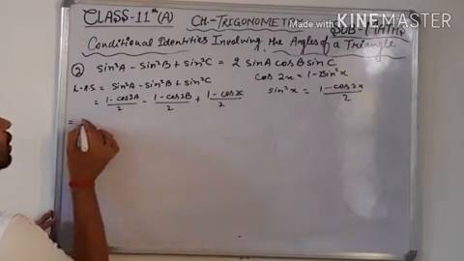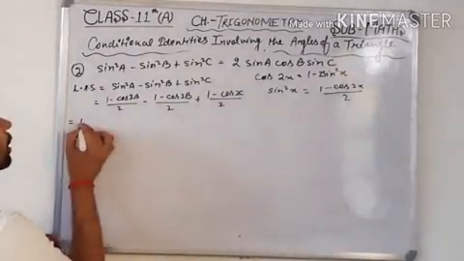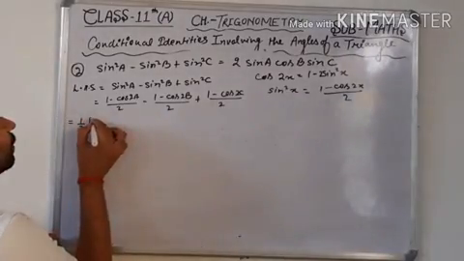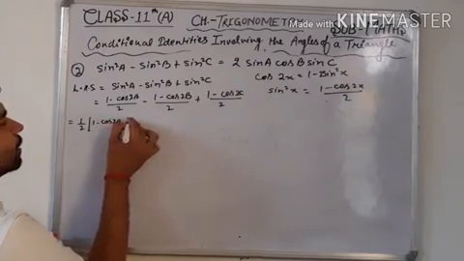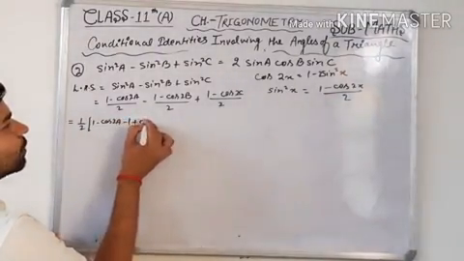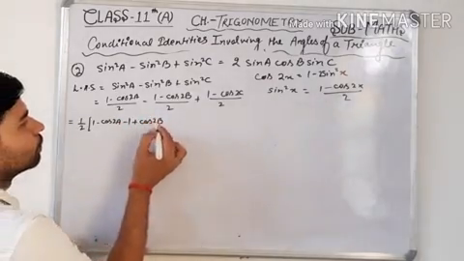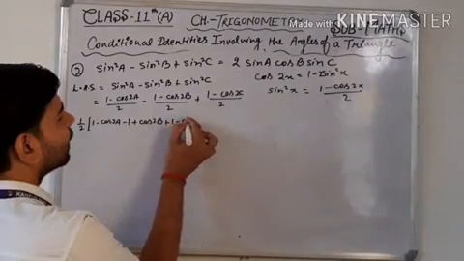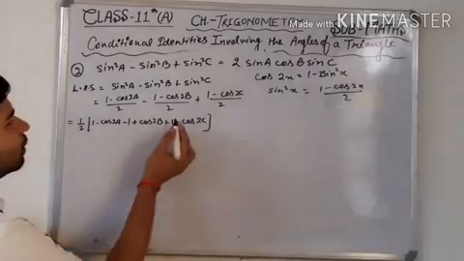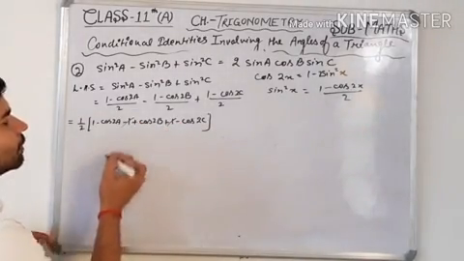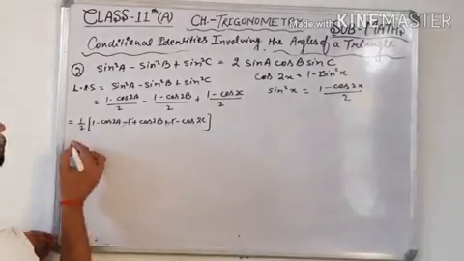Equal, taking 1 by 2 common, we get 1 minus cos 2a minus 1 plus cos 2b plus 1 minus cos 2c. This is plus 1, this is minus 1, cancel out.